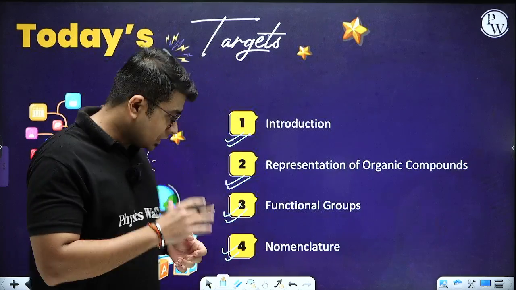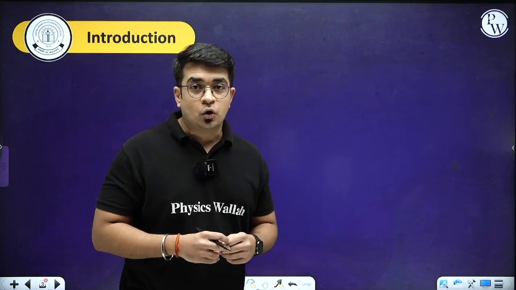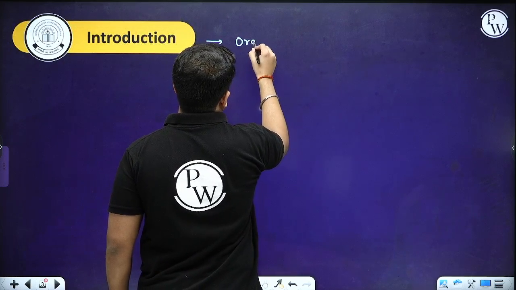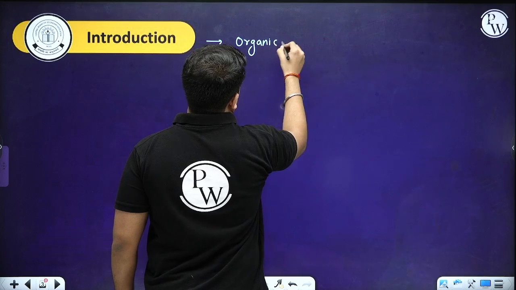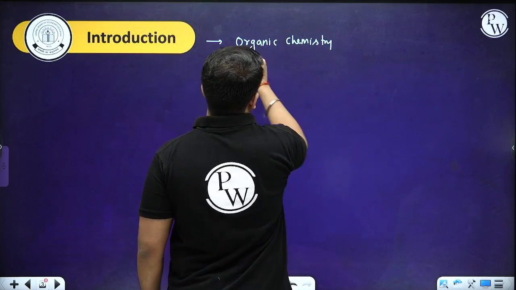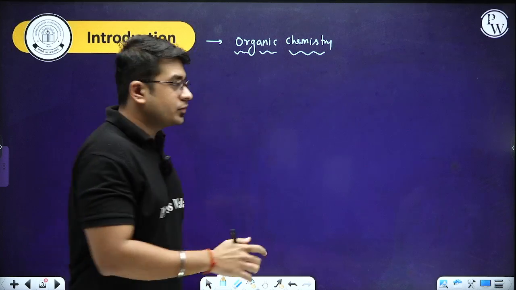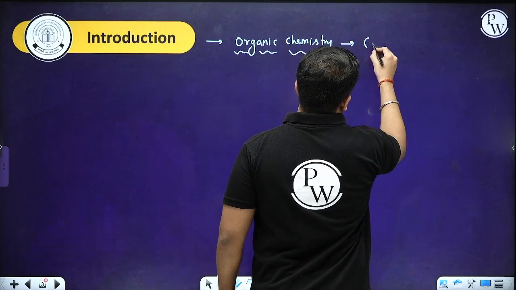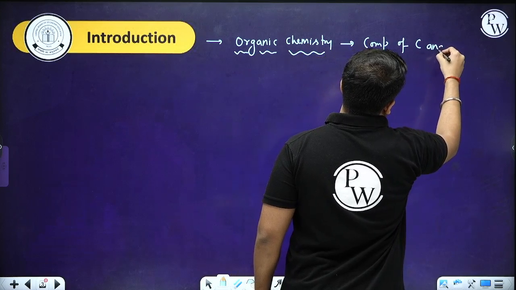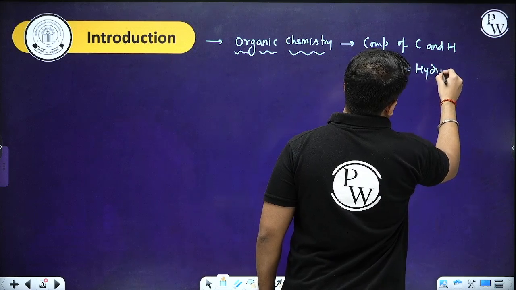Okay. Now, before starting, the introduction part is basically the concept of organic chemistry. So what is the meaning of this branch of chemistry? Basically, this branch of chemistry deals with the compounds of carbon and hydrogen, which are known as hydrocarbons.